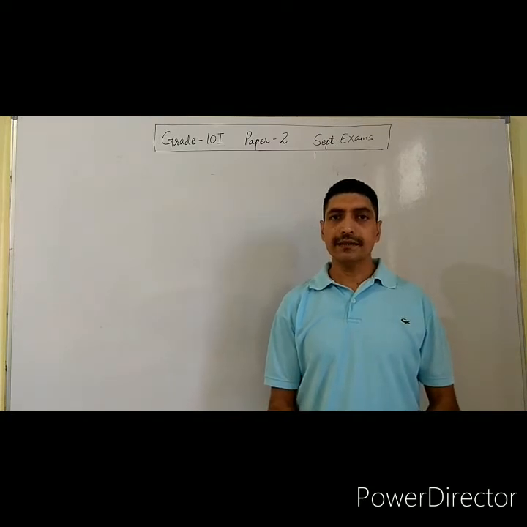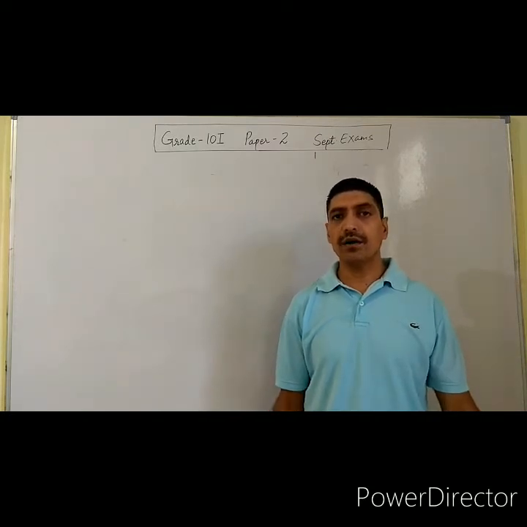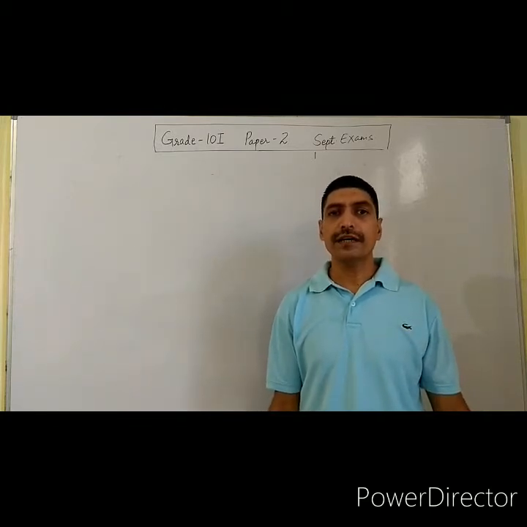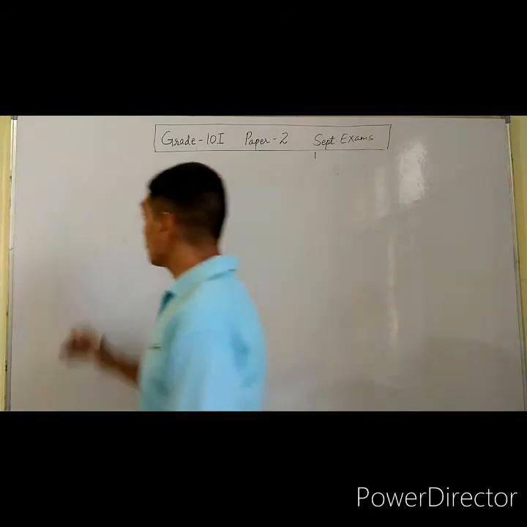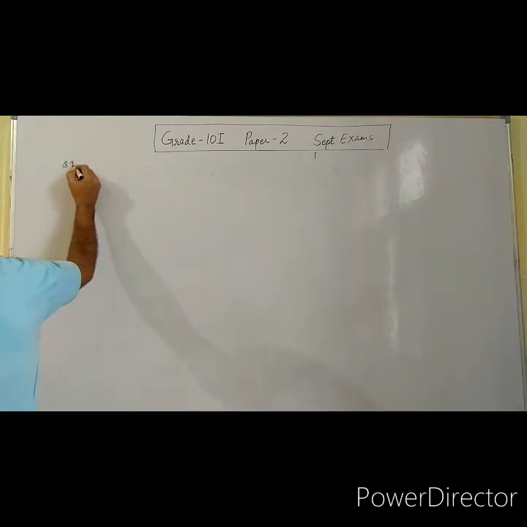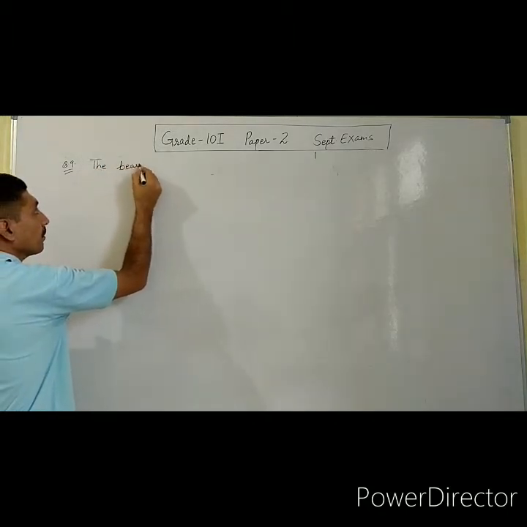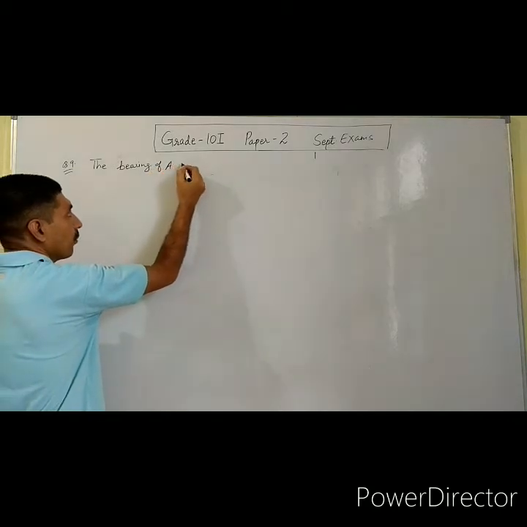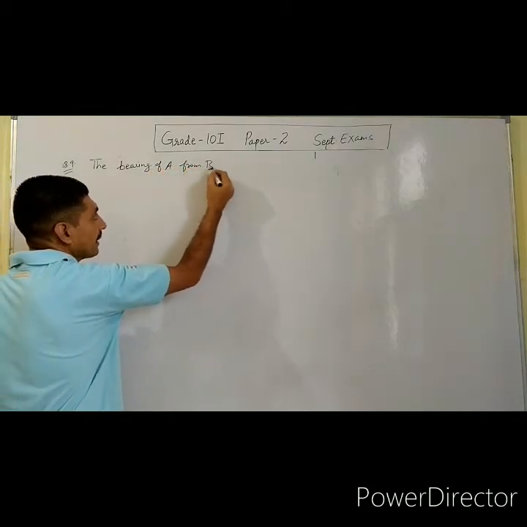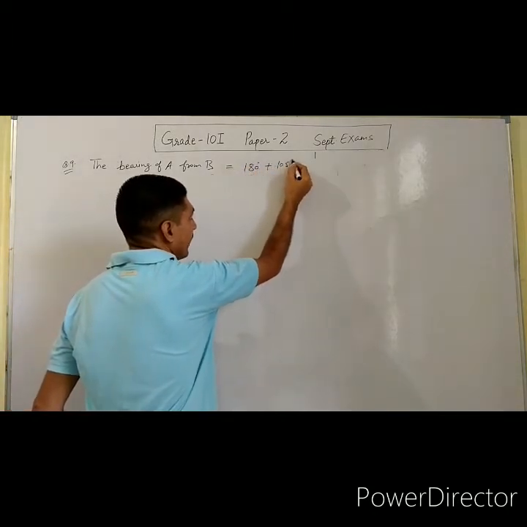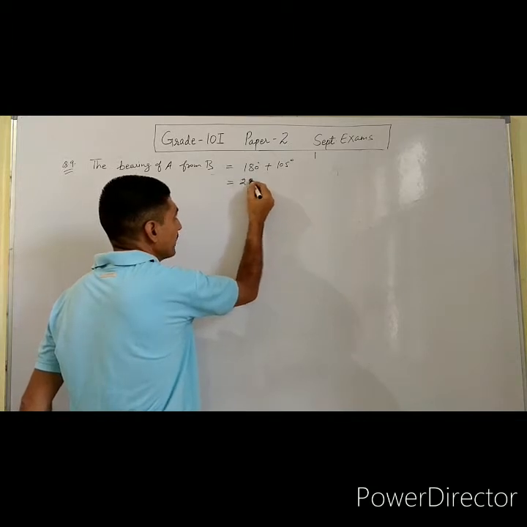In question number 9, the bearing of B from A is given, and we have to find the bearing of A from B. So the bearing of A from B is, that is 180 plus 105 degree, that is 285 degree.